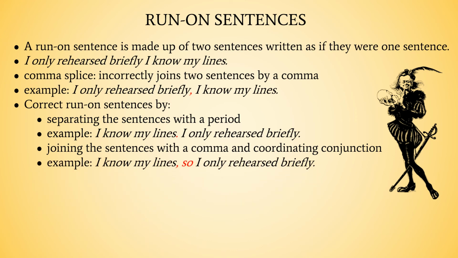In our same example, we have "I know my lines, so I only rehearsed briefly." So unlike the example above with the comma splice, now we have both a comma plus one of the coordinating conjunctions, which is the proper way to separate two complete sentences.